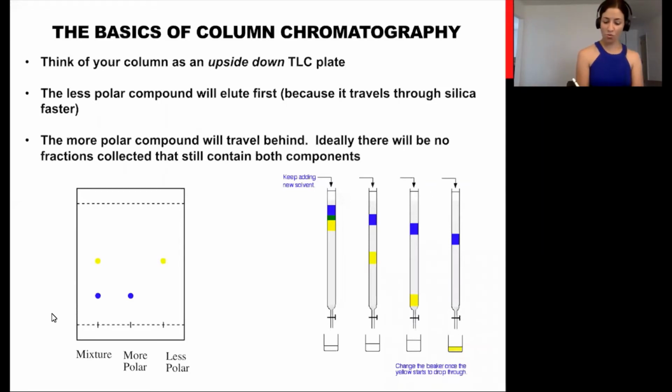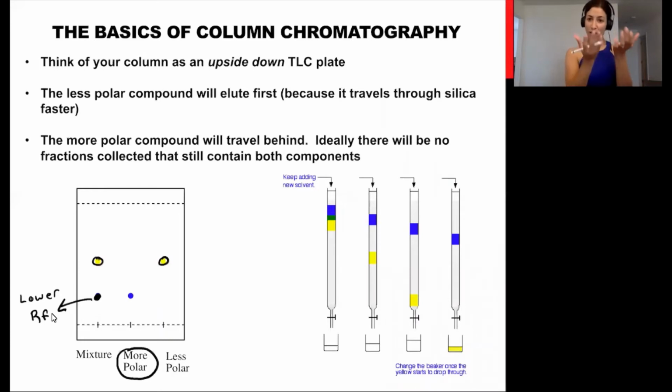What we know from our previous discussion is that the blue compound has a lower or smaller RF value, meaning it sticks more tightly to the silica gel stationary phase. Thus, we know that that molecule must be more polar.